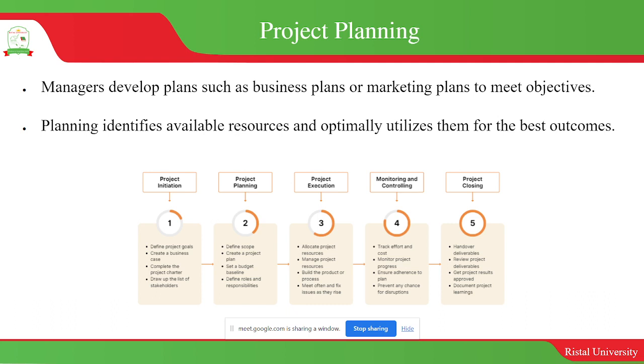So there are many plans that you will actually have, but in general, you're looking at how you want to reach where you want. What resources do you need to reach where you want to reach? And then if there are any things that may happen in the future, you put plans in place to manage them.